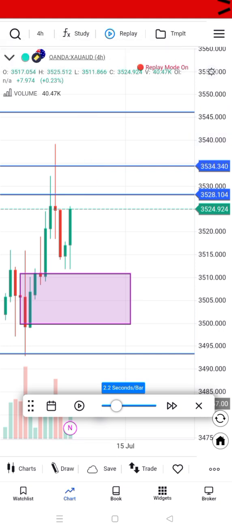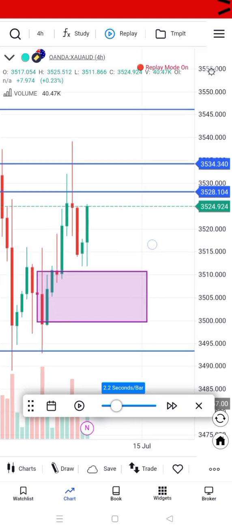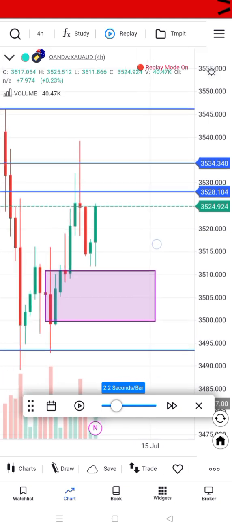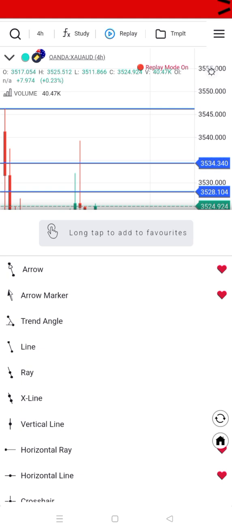So looking at this, we are on the 4-hour time frame. We are still seeing that we have a demand zone. So I'll now start picking trades using these 4-hour, the higher time frames.